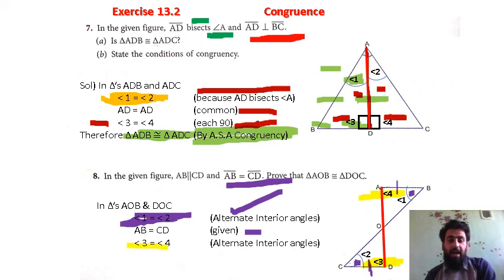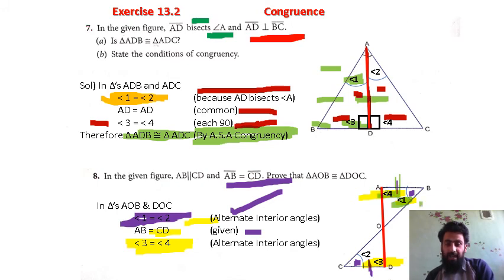So I wrote down angle 3 will be equal to angle 4, and when the three components are equal, let's first look which three components: angle, then the included side, and then one more angle. So I have written that angle 1 over here, then this side AB, and this angle 4 over here.